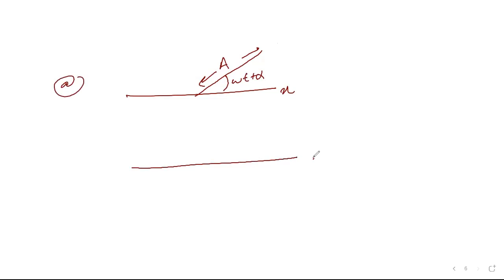Let me draw the figure. This is my x-axis. Its length is a. This is omega t plus alpha. Let me call this part A. Then this is x.